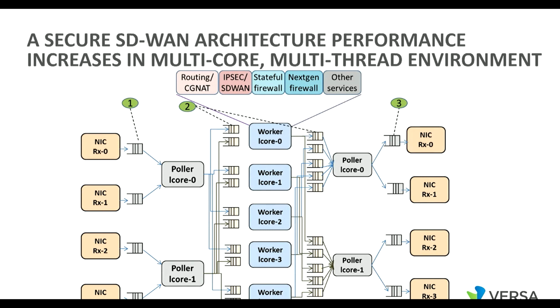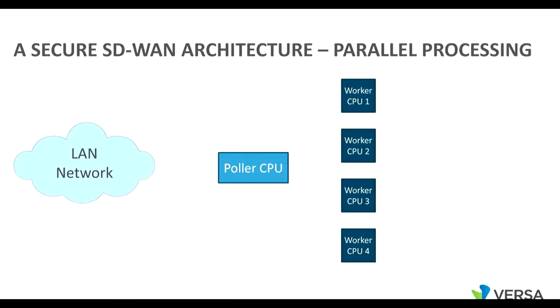Let me go to the next slide here, Mike. So this just goes from polar to worker, so you got one flow which is given to one worker CPU. A second flow is given to the second worker CPU. A third flow comes, it gives it to the third worker CPU. So this polar CPU's job is to get the packet from the network and be like a manager to delegate work to all these worker CPUs.